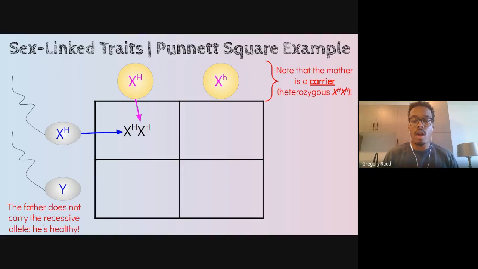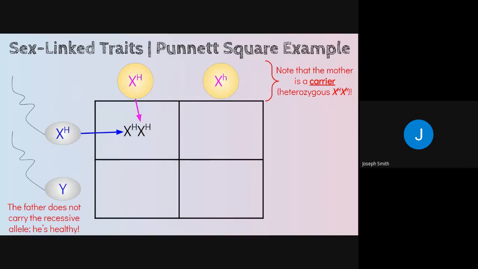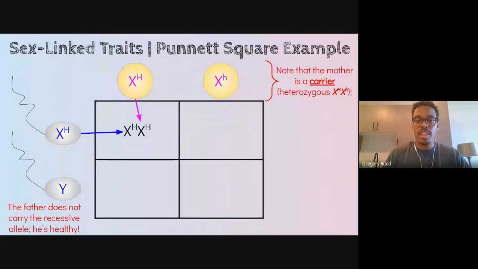Meaning, are they male? Are they female? Are they healthy? Are they a hemophiliac? Are they a carrier? What's going on here? So we know the genotype of this person. We can see that the genotype is XH, capital H, X, capital H. So we know that the genotype is homozygous dominant.